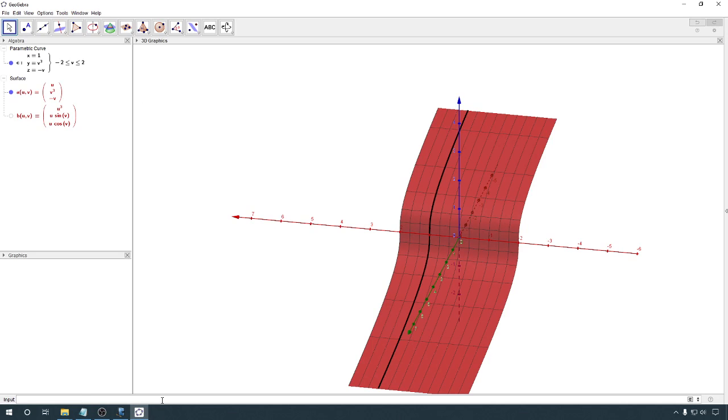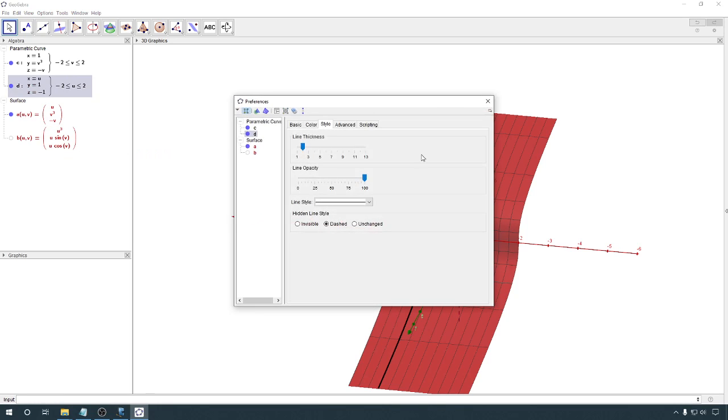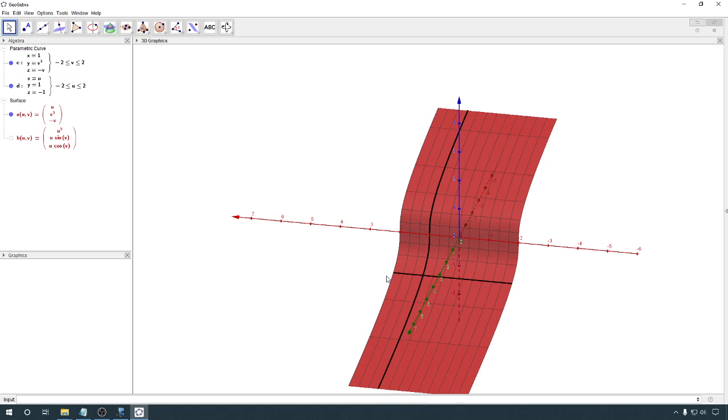So if we go ahead and plot that curve, so it's u, 1, -1, variable u going from -2 to 2. And of course they're going to make me have to make it thicker this time so we can actually see what's going on. We get this particular curve going across. So we've got the other grid curves by making v equal to a constant.